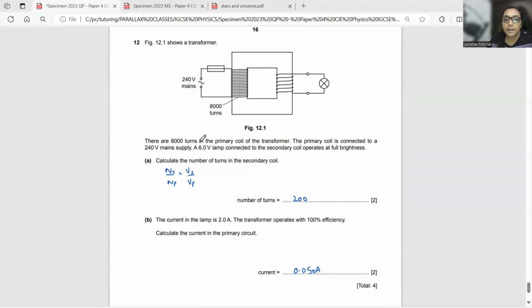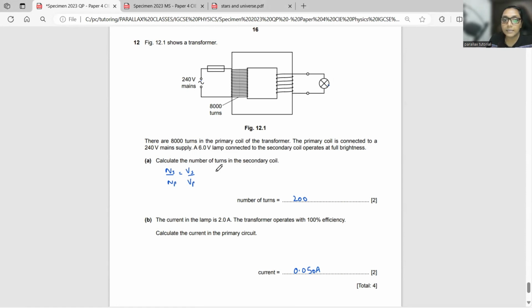The question says there are 8,000 turns in the primary coil of the transformer. The primary coil is connected to a 240 volts mains supply, which is over here. This is the primary coil. And a 6-volt lamp connected to the secondary coil operates at full brightness. You have to calculate the number of turns in the secondary coil. You use the formula Ns by Np is equal to Vs by Vp.